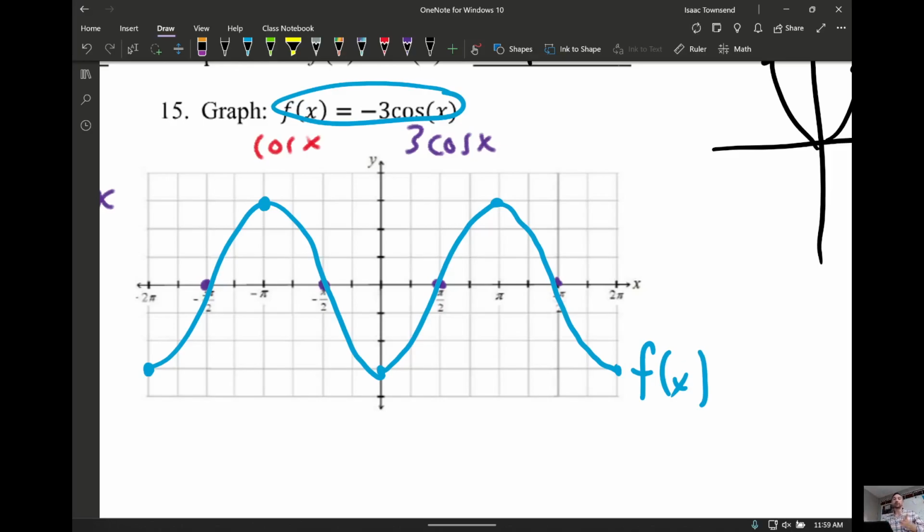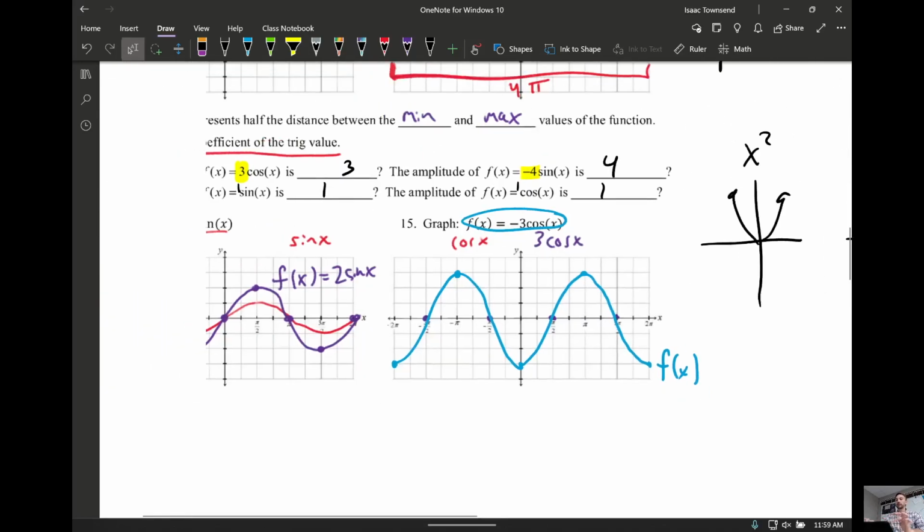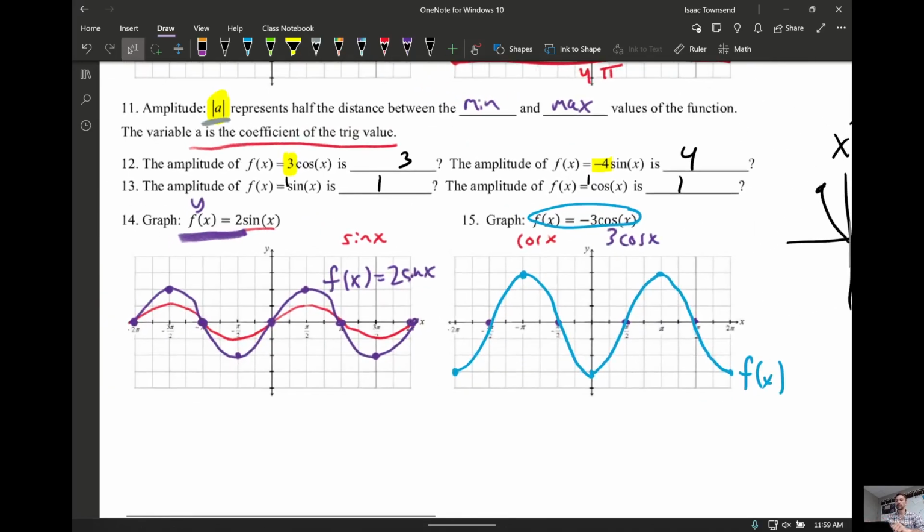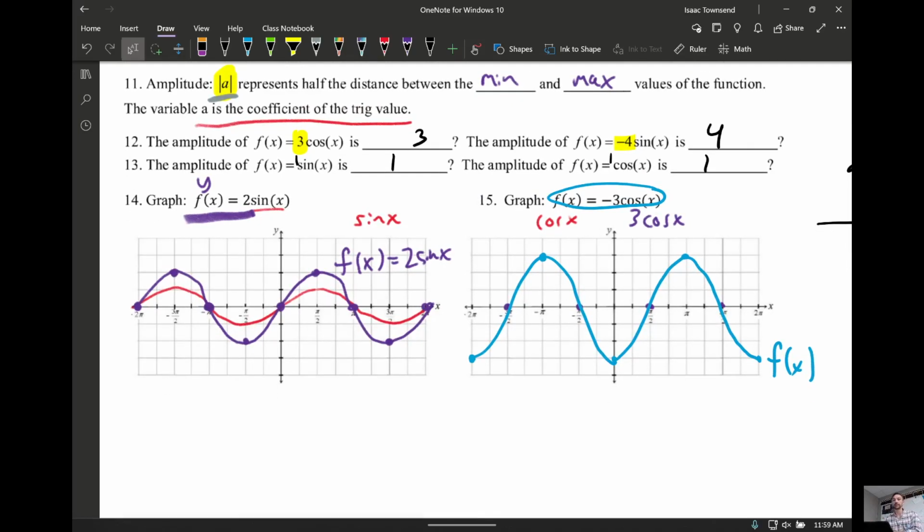So far we've seen 2 formulas. Period is 2 pi divided by b, where b is the coefficient of x. And then the second one is amplitude. Amplitude is the absolute value of A, where A is the number being multiplied by your trig function. Okay, so before we move on to the third one, I don't really consider the last one a big deal.